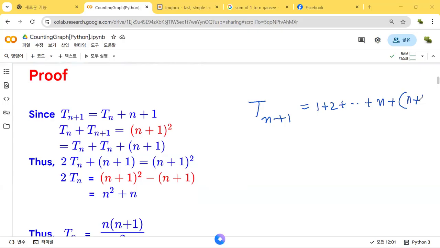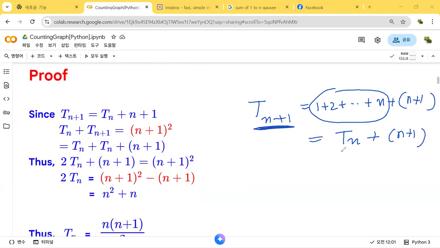But what is this? This one is Tn. So Tn plus 1 is Tn plus n plus 1. Okay, then from this we have this kind of equation, and then with the above pictures, we prove this one.